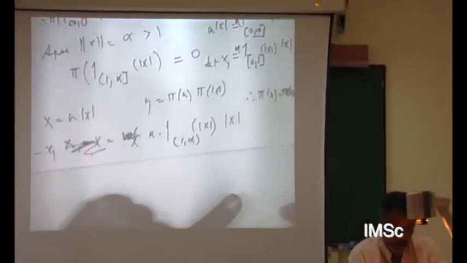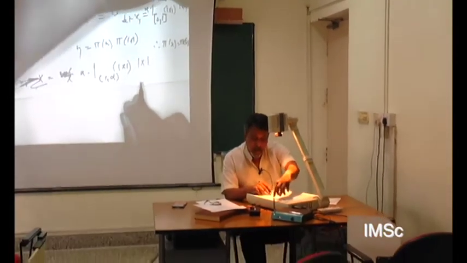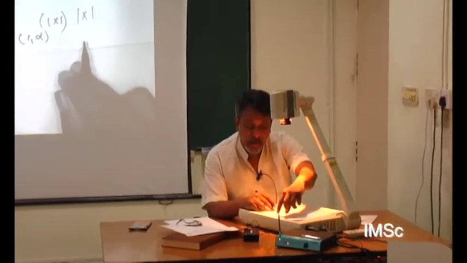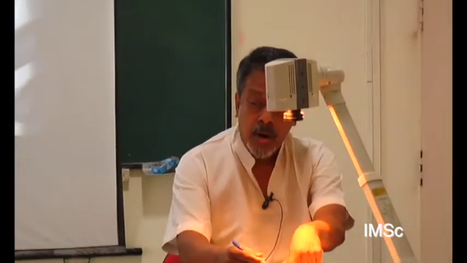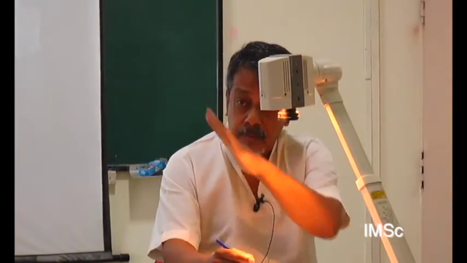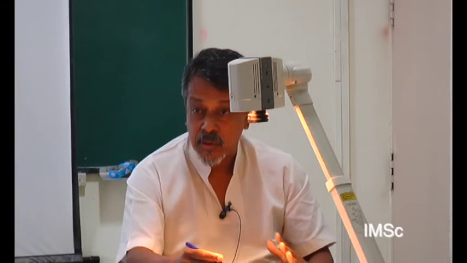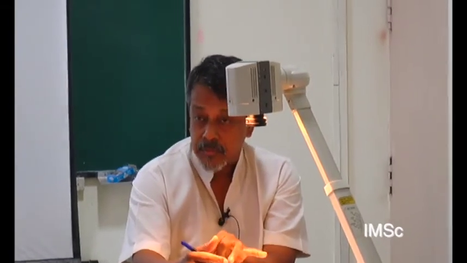Now what does x1 do? I'm saying the norm of x1 is less than or equal to 1 because |x| corresponds to the function t. So this thing corresponds to just the function t on the unit interval.